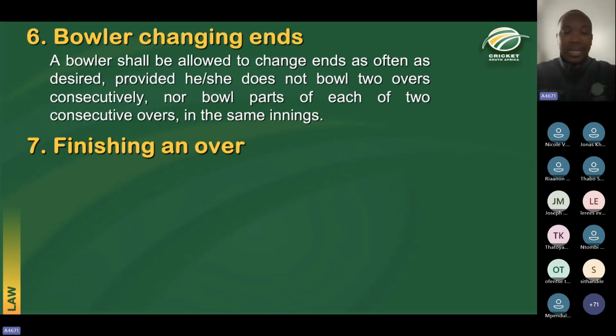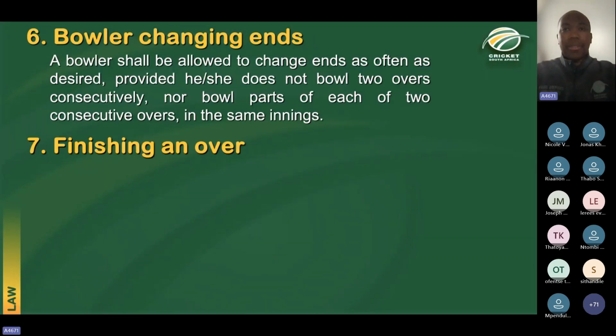from the same end. The only exception I've seen to this law is in the 100, which is a competition played in England where they bowl what they call sets of 5 balls, and they are allowed 2 sets to be bowled consecutively from one end by the same bowler.